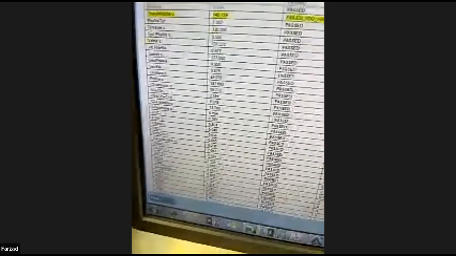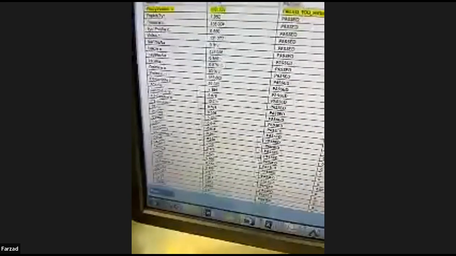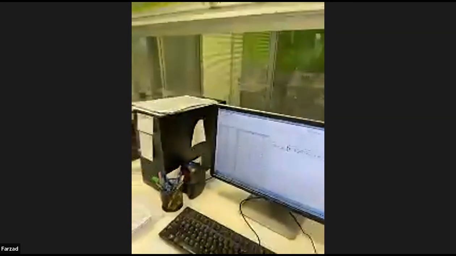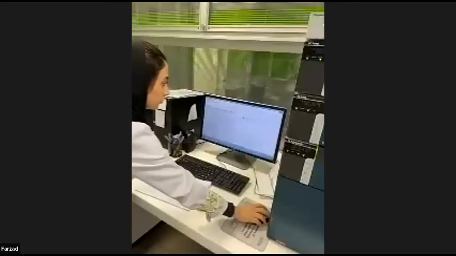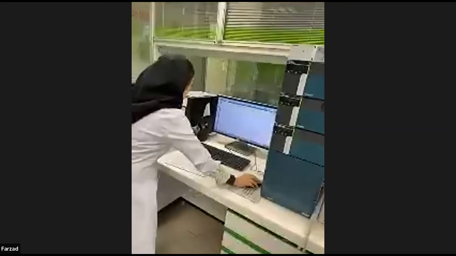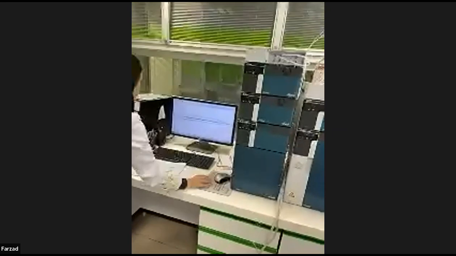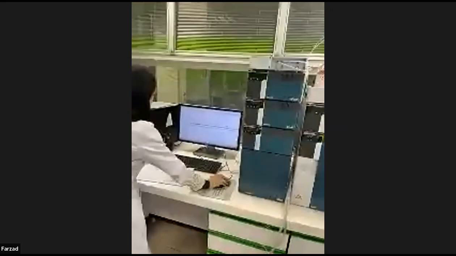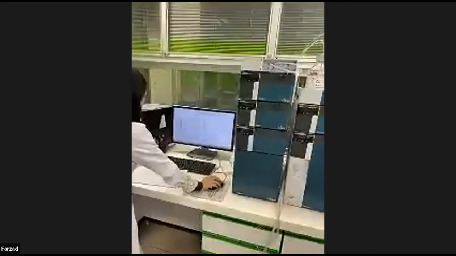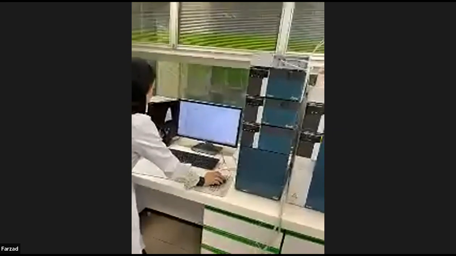For the other biomarkers, all the concentrations have passed, and we have no abnormal concentration of the other biomarkers. So this is a PKU case, which is reported to the health center, and the baby is recalled, and the proper action would be taken by the medical team for this baby.